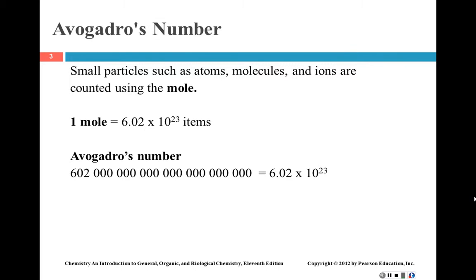And as you can see here, that's a really big number, isn't it? So we can put that in scientific notation, or we can just say 1 mole of something is 6.02 times 10 to the 23rd. If you're in chemistry, you know that that's what that means. So it's an equivalent.